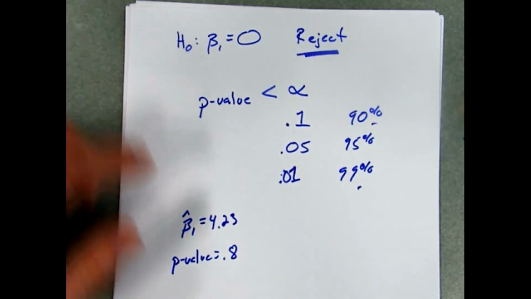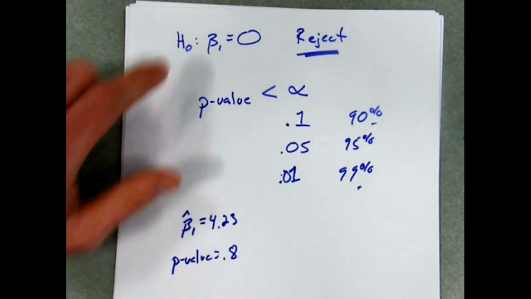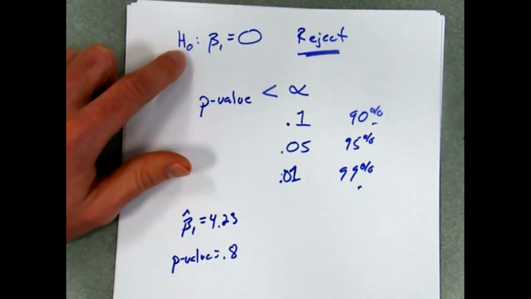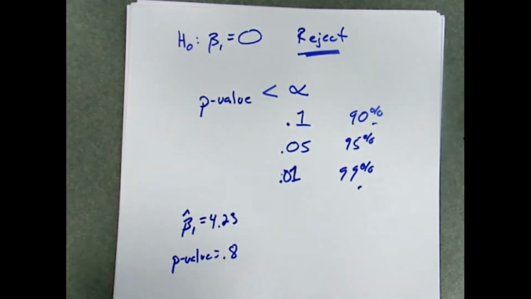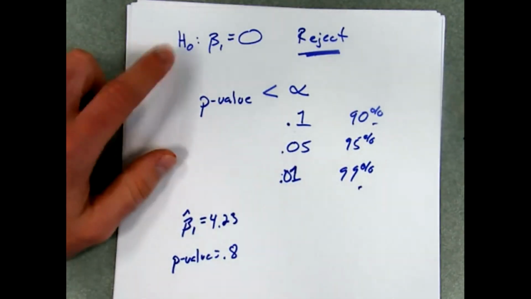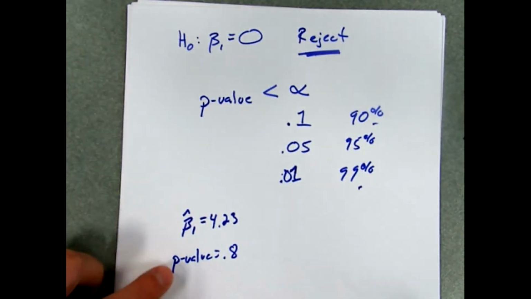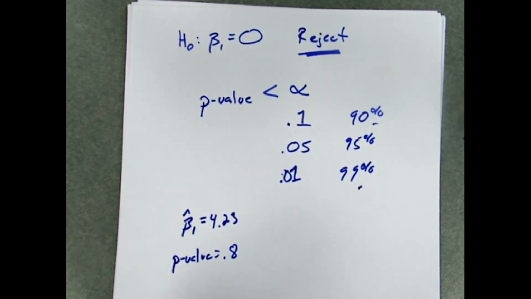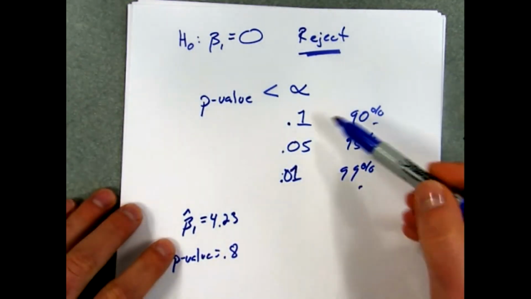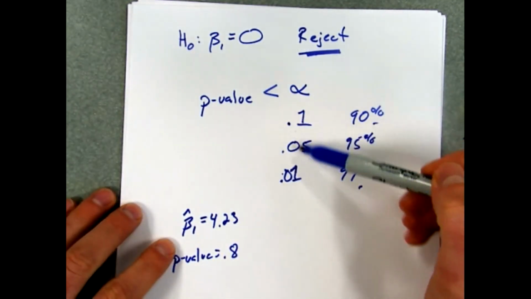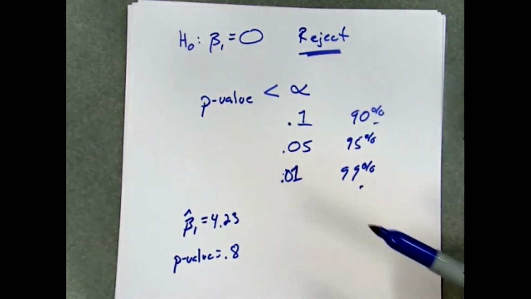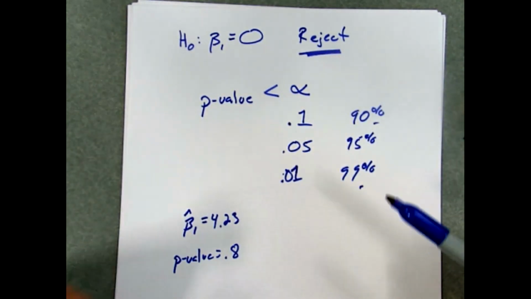Well, if there's an 80% chance of me seeing this value, if in fact the true relationship didn't exist, then it's still very likely that there is no relationship. I just happen to have a sample that was a little bit to the left or the right of that true relationship of 0. So in this case, 0.8 is not less than any of those thresholds, so I would fail to reject that there's no relationship.